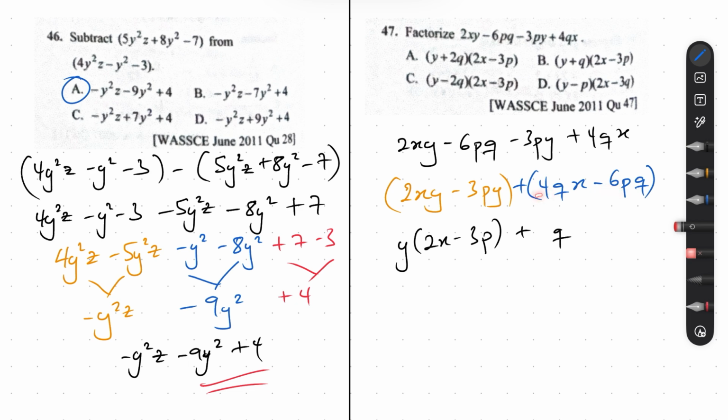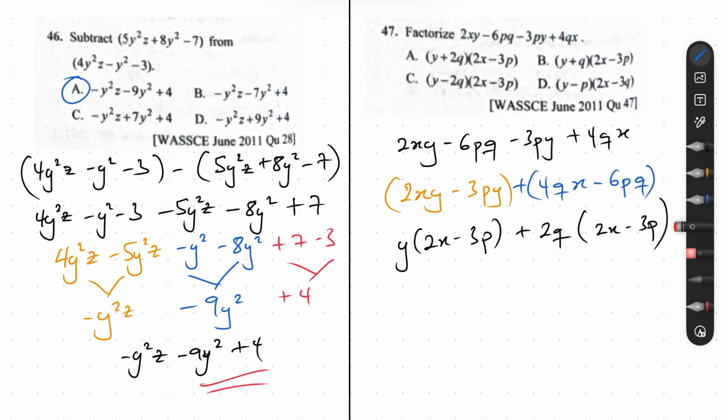So we can factor 2 out. 2 goes into this 2 times, and into this 6 three times. So we factor 2q out, and in the bracket we are left with 2x minus 3p. If you expand this, you should get the original, because we factored 2q out.